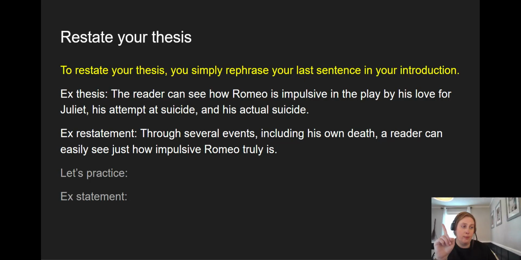It's exactly what you just said before. So: through several events, including his own death, a reader can see easily just how impulsive Romeo truly is. I said the exact same fact, but I said it in a different way. So when you're restating your thesis, just flip it a little bit. Take whatever is at the end of your thesis, put it at the front, put whatever's at the front at the back, and then you've restated it.